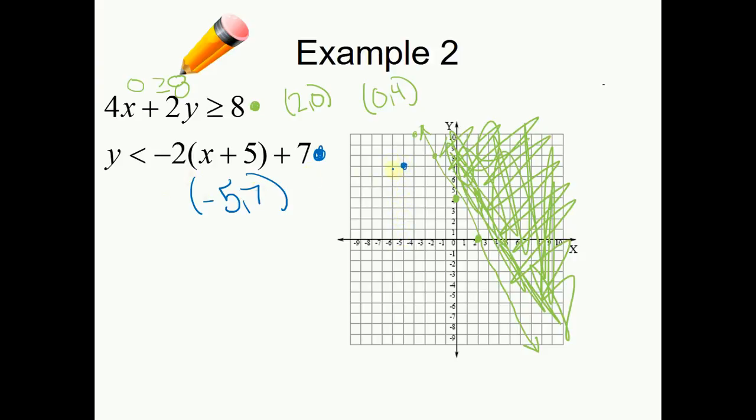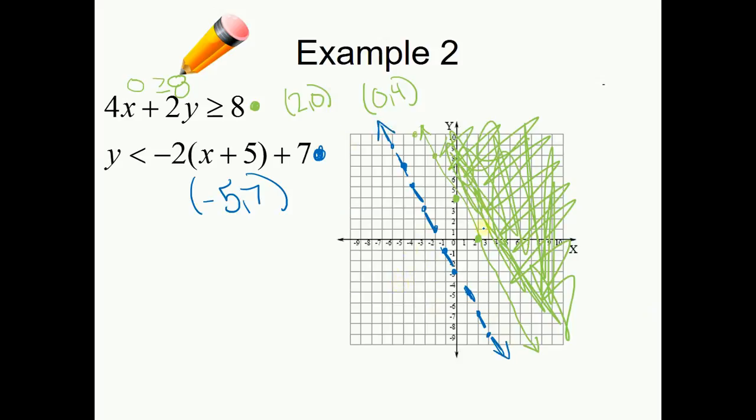And then I'm going to use my slope, down 2 over 1, down 2 to the right 1. There we go. And this is going to be a dashed line, so let's go ahead and do my dashed line here. There we go.